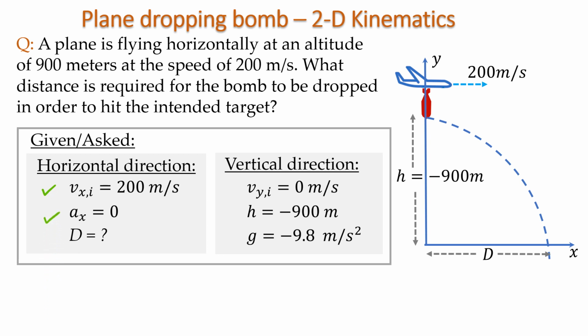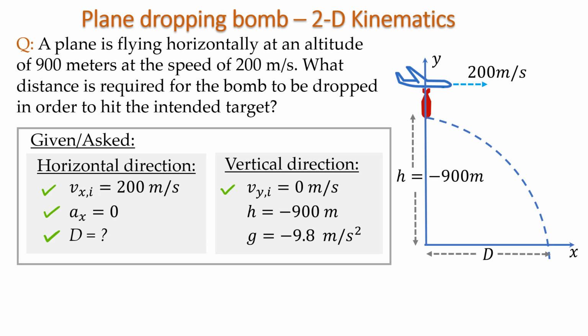We have no acceleration along x, and d is the horizontal displacement, which is being asked in the problem. In the vertical direction, initial velocity is 0 because the bomb is dropped and not pushed.